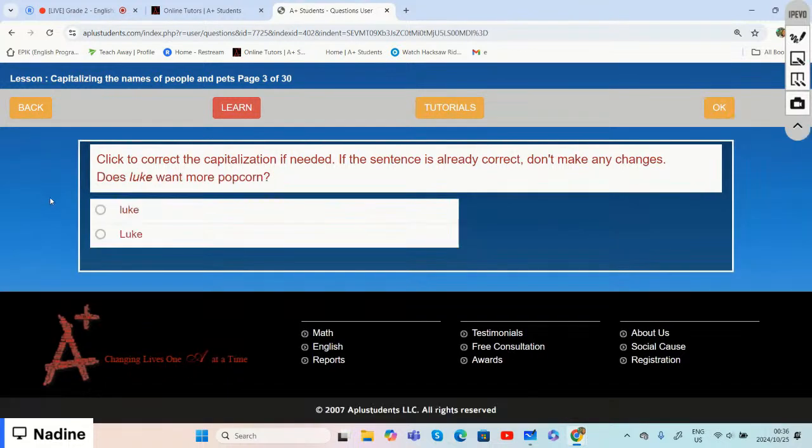Yes, well done. The next one says, does Luke want some popcorn? We need to choose the correct option. Is it option one for Luke or option two for Luke? Capitalized.